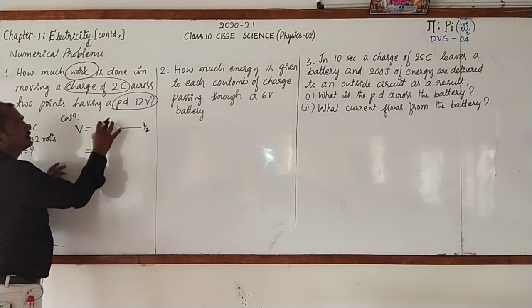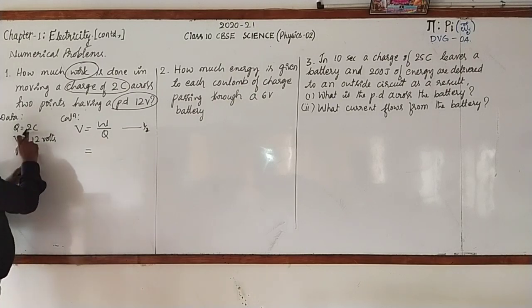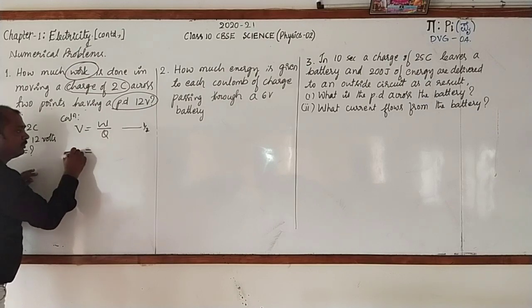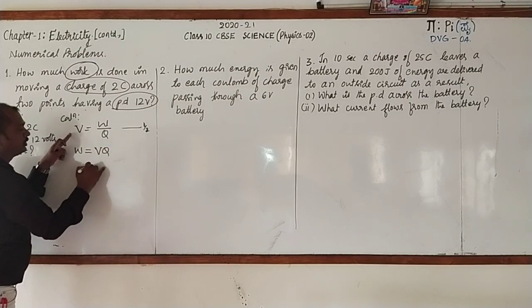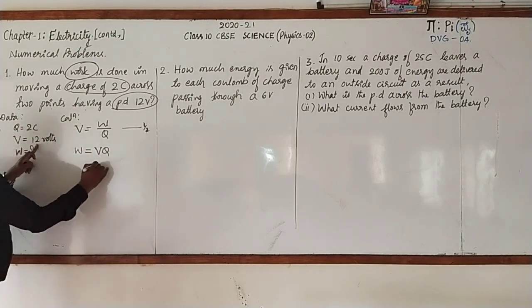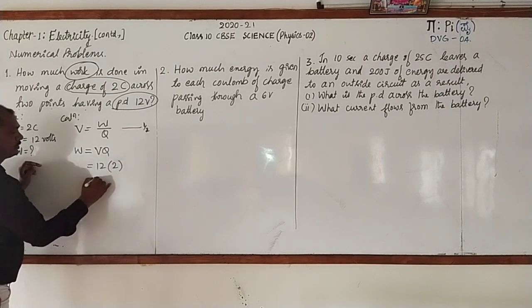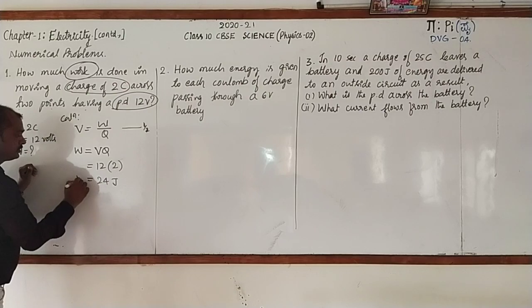Then go for substitution where W is unknown and we have V and Q. As we have to find out W, I'll go for solving W. W is equal to V into Q, where V is 12 volts and Q is 2 coulombs. 12 twos are 24 joules.